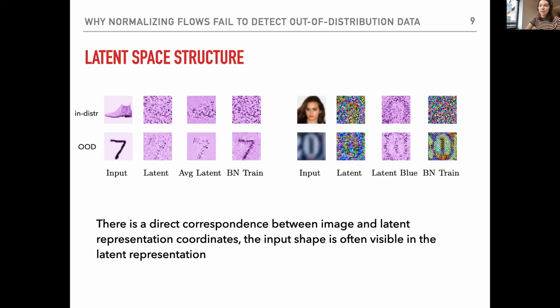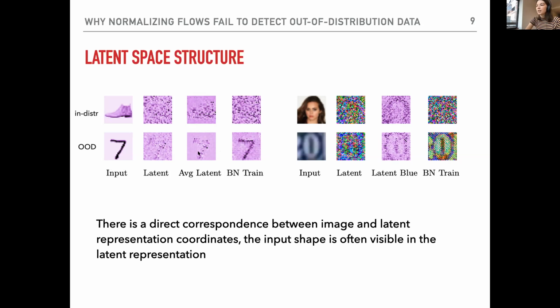And this is basically the key observation here. So for example, on this latent representation for the out-of-distribution MNIST digit 7, we can see the edges of the input. And it's even more visible for the other transformations of the latent.